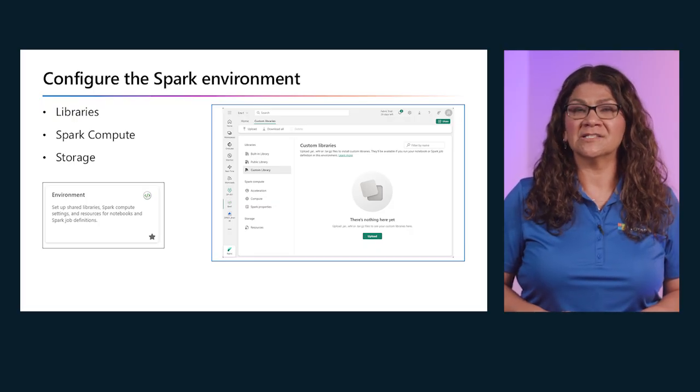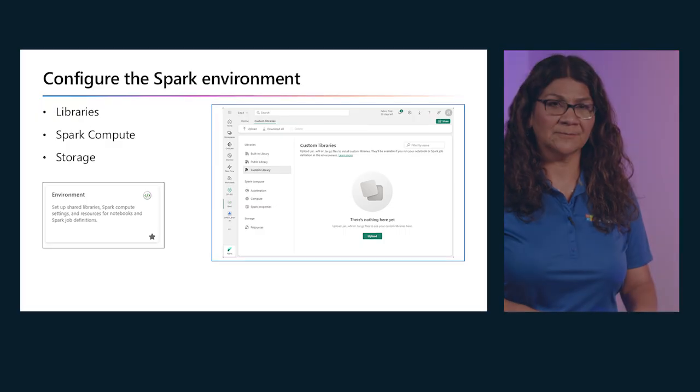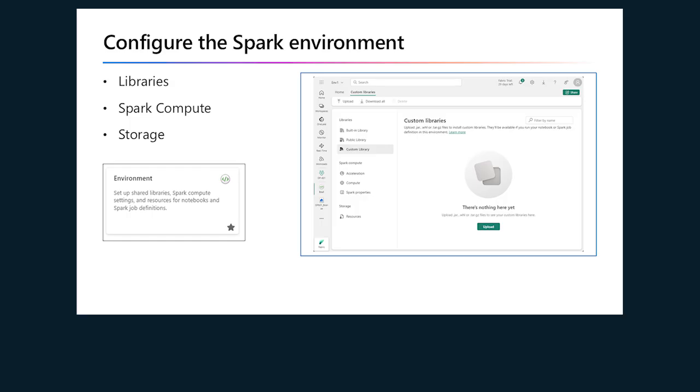Each environment defines a specific runtime version as well as the libraries that must be installed to perform specific operations. Data engineers and scientists can then select which environment they want to use with a Spark pool for a particular task. Microsoft Fabric supports multiple Spark runtimes and will continue to add support for new runtimes as they're released.